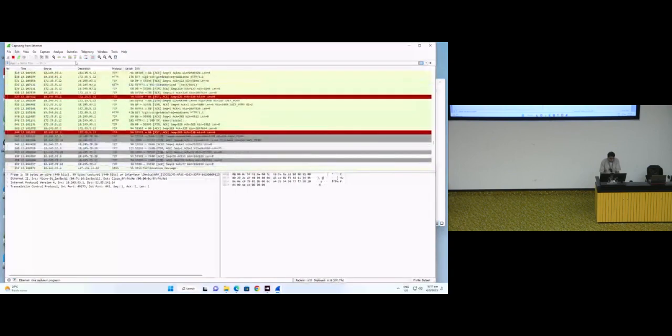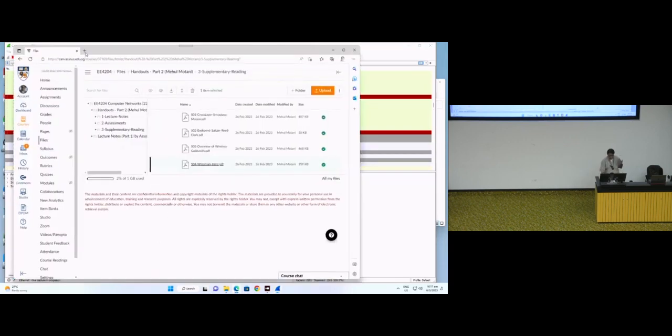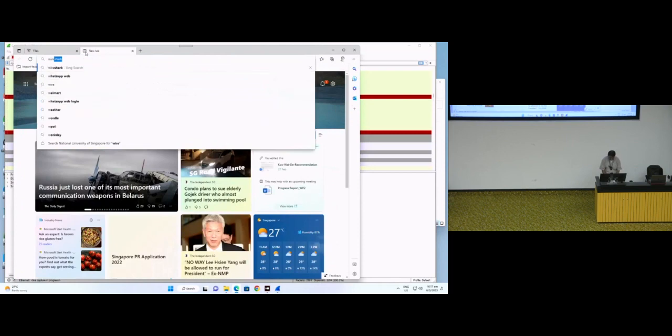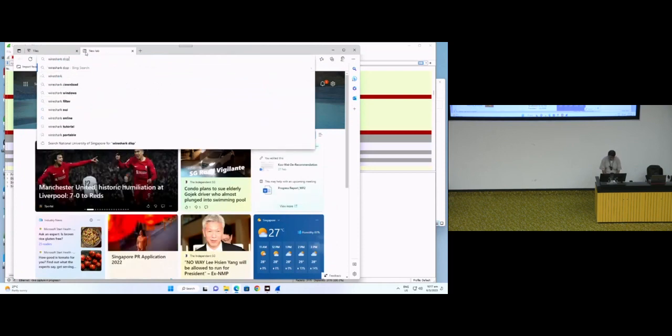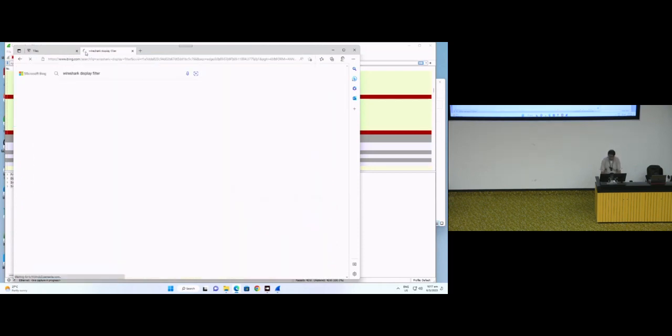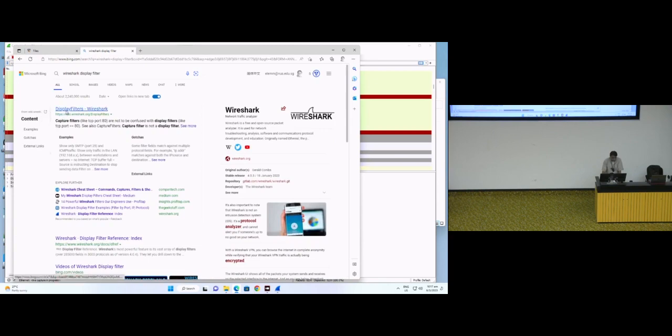I can do two things. Right now it's capturing every packet, and I can choose to display certain packets. I'll also show you how I learn about things. There's a display filter, so you just type that, and it will show you how to do the display filter.